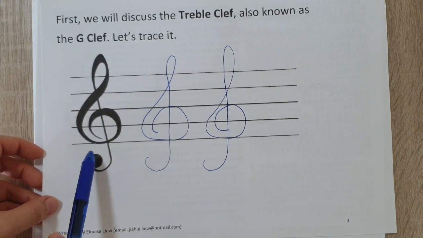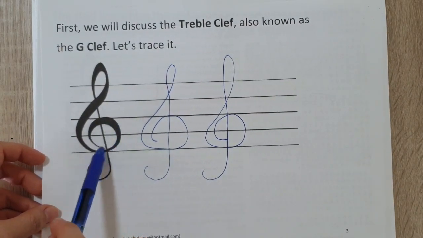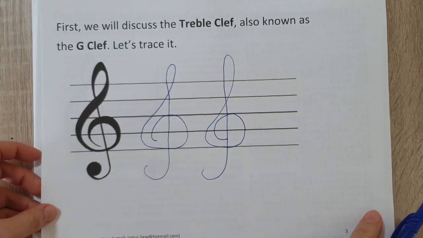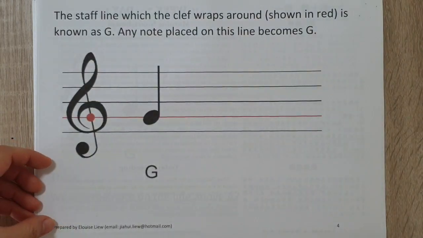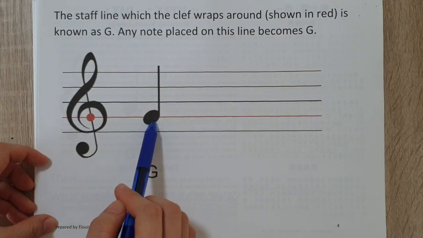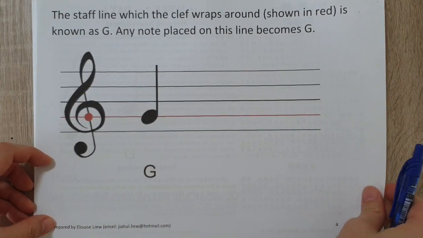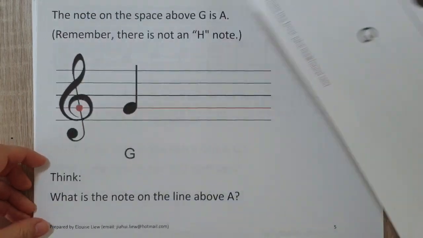It's because it wraps around the G line.